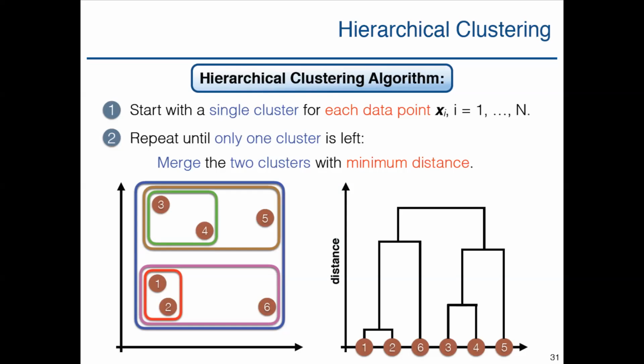Because remember, the goal in clustering is that you want कि जो एक cluster के अंदर सारे points हैं ना, they are as similar to each other as possible, and जो different clusters हैं they are as far from each other as possible, right? So एक cluster के अंदर जो points हैं you want them कि वो जितने ज़्यादा similar हो एक दूसरे से, the more similar they are the better it's going to be.